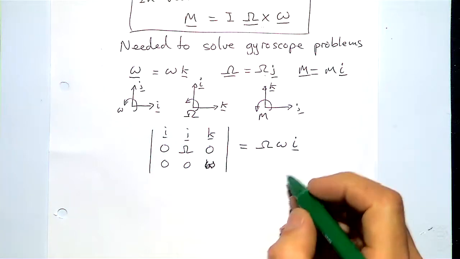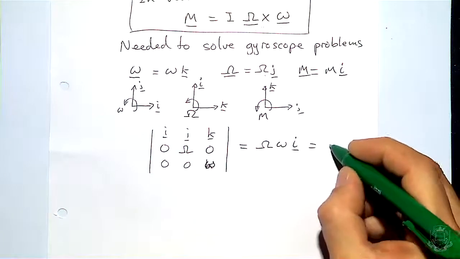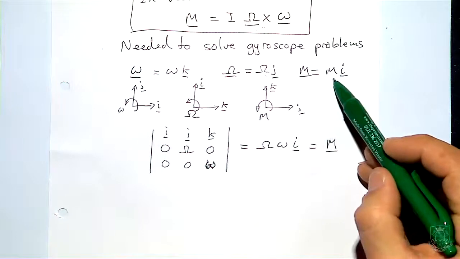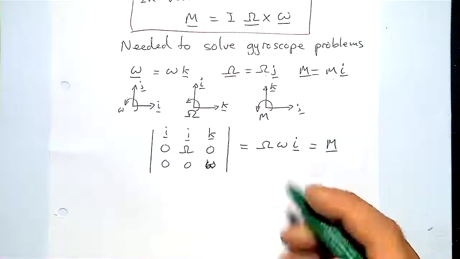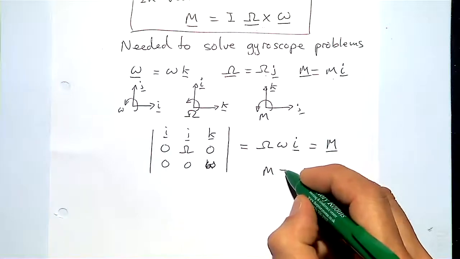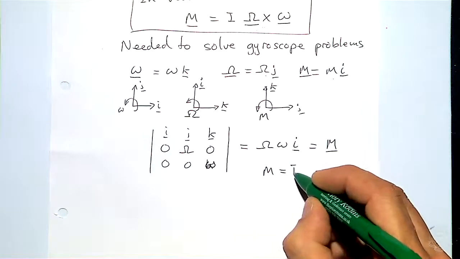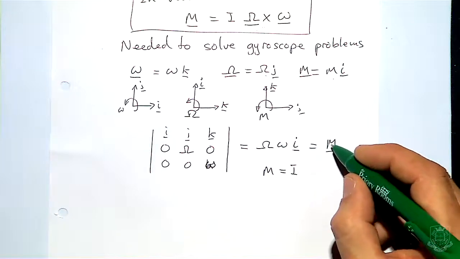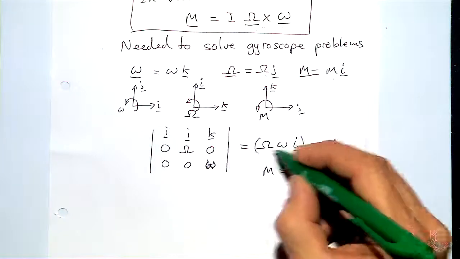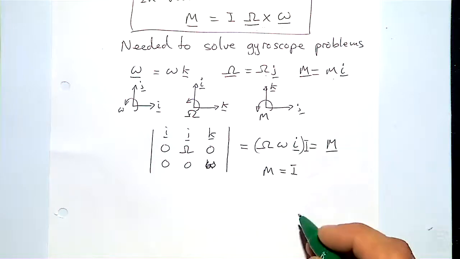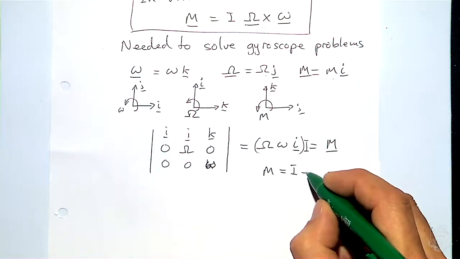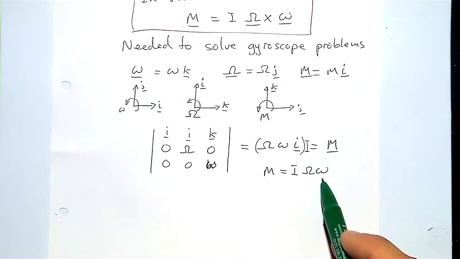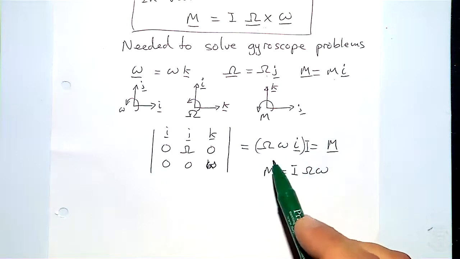So this is equal to M the vector, and of course we know that M the vector is a scalar M times i, so that M the scalar is just equal to the moment of inertia times that. So we can recover our scalar version from this cross product.